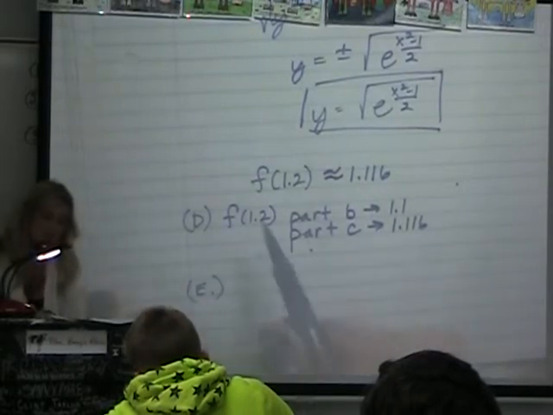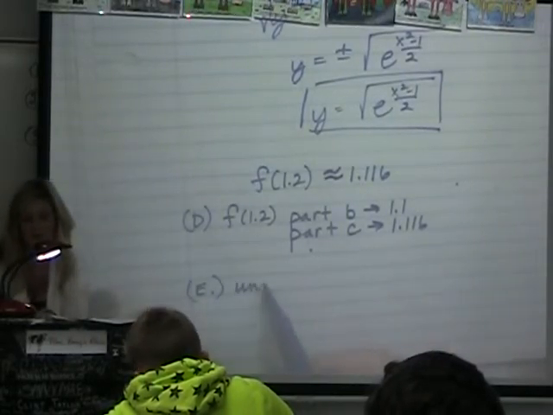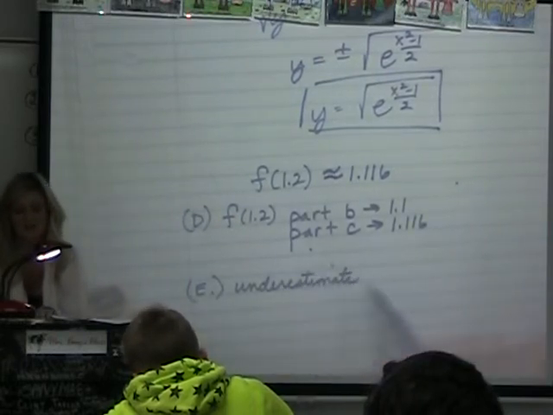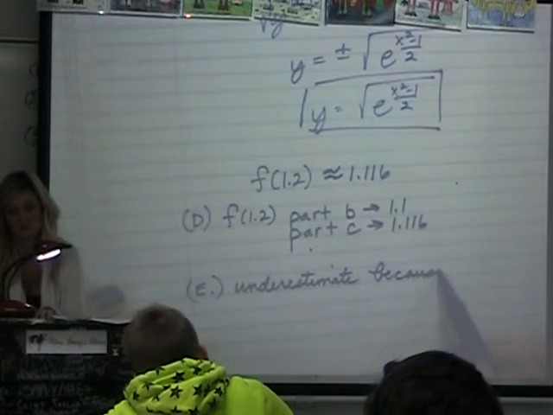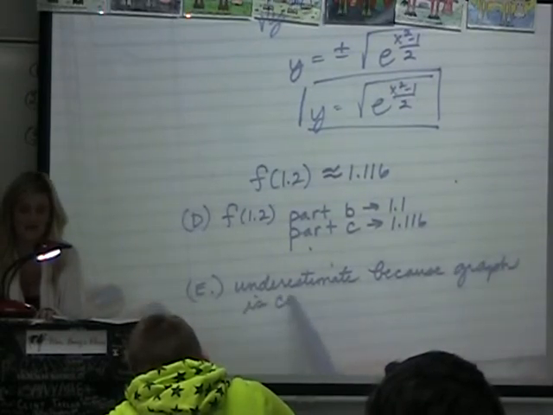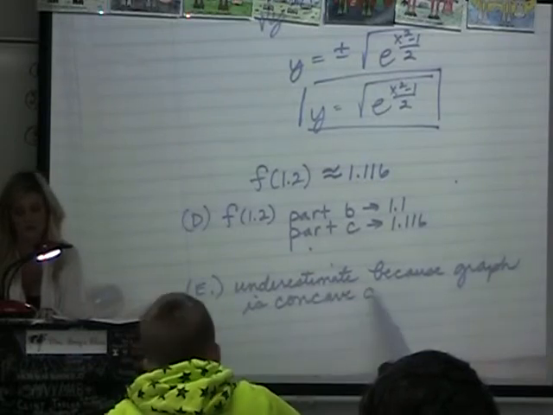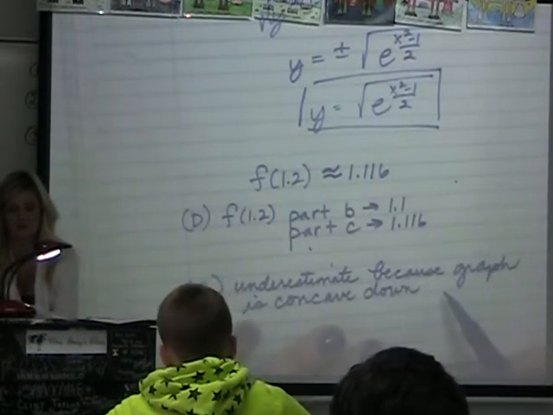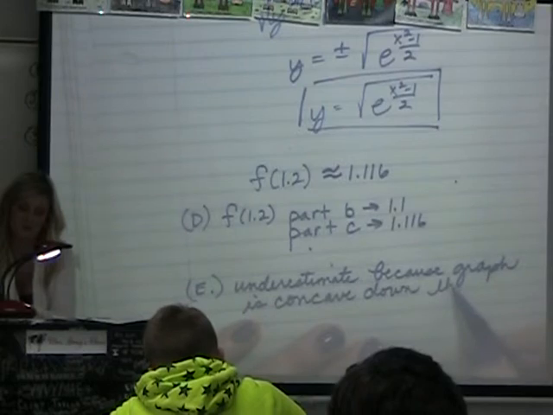And where it says use your slope field, I want you to write this down and then I'll show you what I mean by it. Underestimate because the graph is concave down through the point 1.